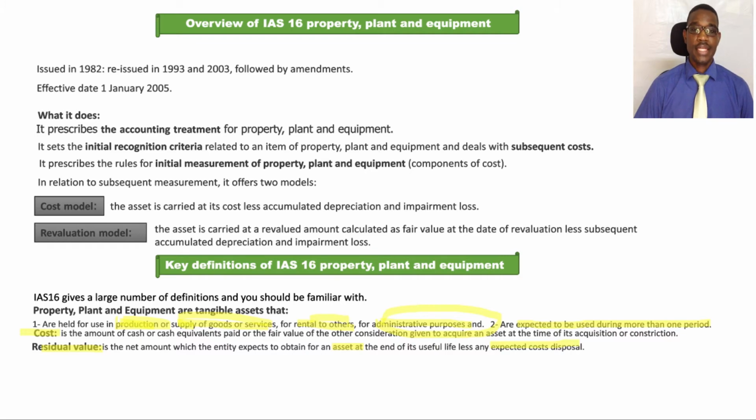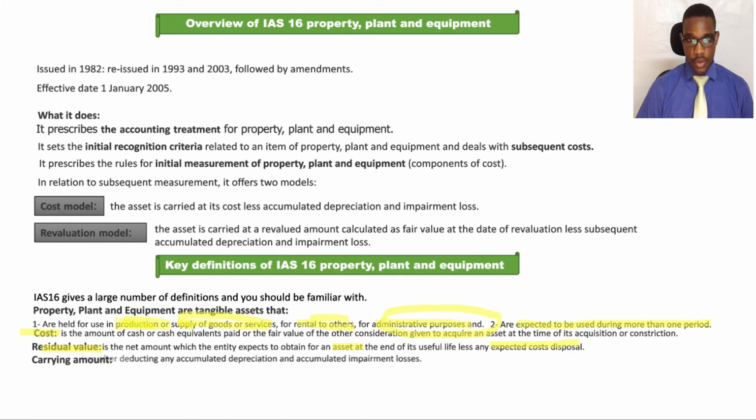However, one day this asset will either be disposed of or scrapped. So when we dispose of or scrap these fixed assets, there should be a residual value. This residual value may be zero, maybe $2,000, $3,000. So this amount is called residual value.